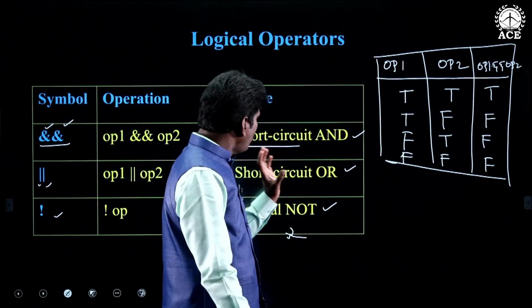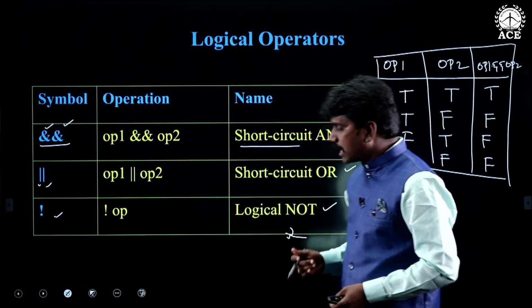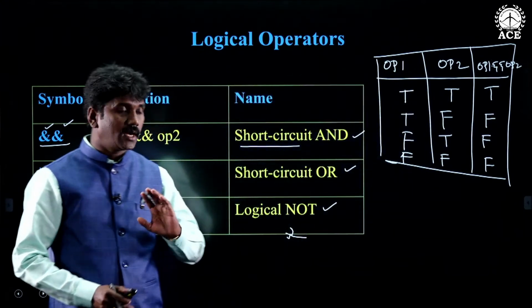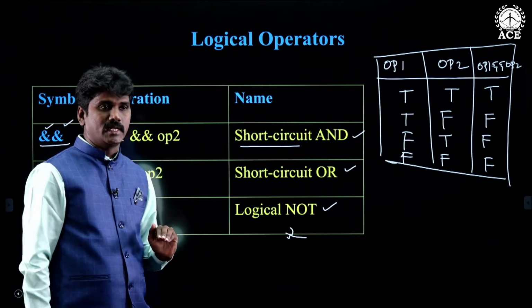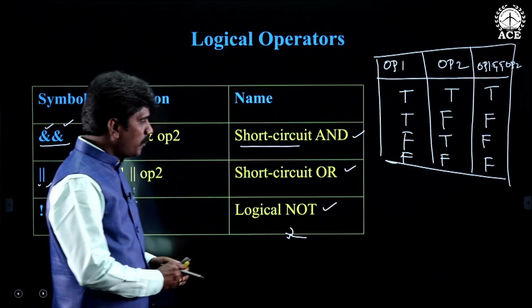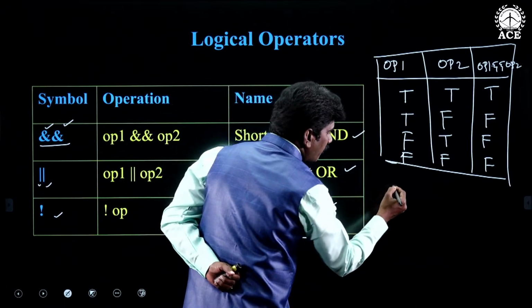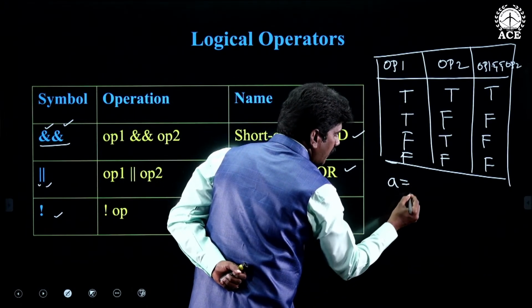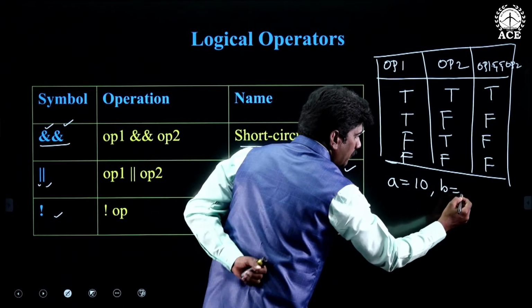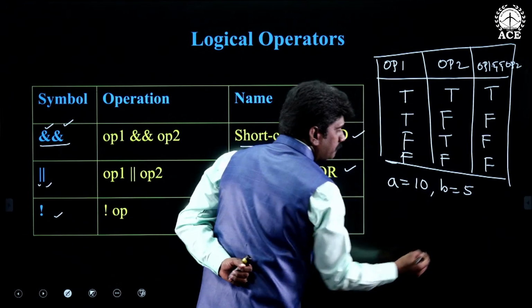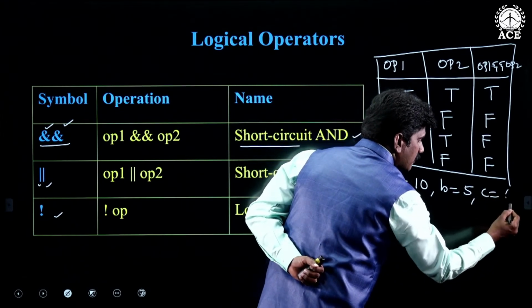Whenever we apply the short circuit AND, how it is going to react, that we are going to understand. Suppose I am having three variables: A is equal to 10, B is equal to 5 and C is equal to 6.